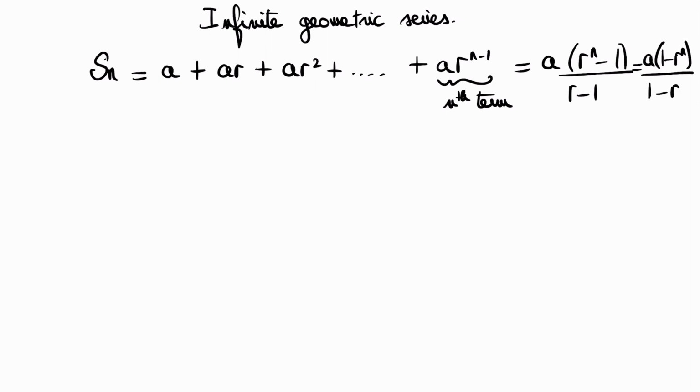Right, so for example, say we have a series Sn where our first term is 1, and R is 2. Then the second term would be 2, the third term would be 4, the fourth term would be 8, and so on.